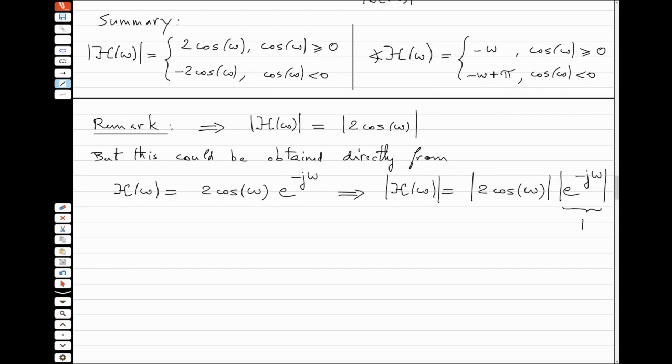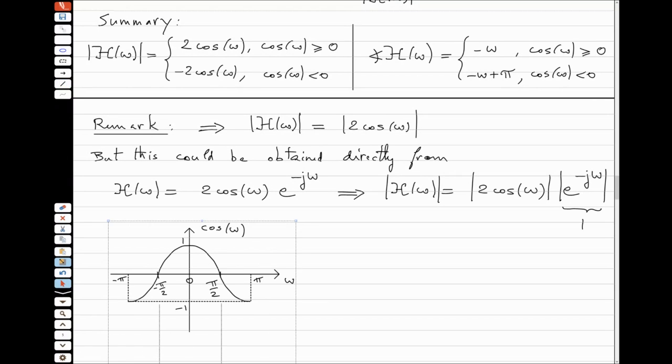I'm going to copy the plot from previous lecture. The plot of cosine. All right, so this is the plot of cosine. No mystery, you know. Looks like that.